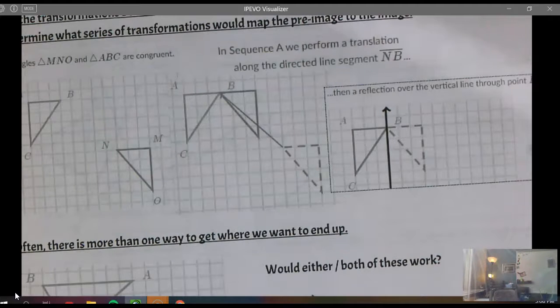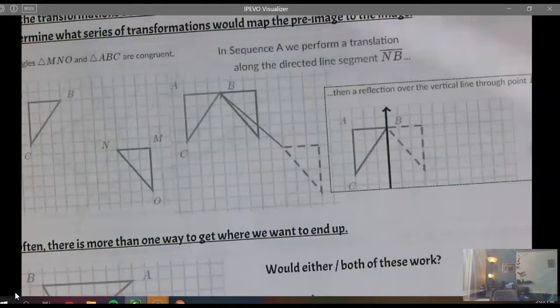So this is an example of we go ahead and do the translation, and then I show you the reflection line, and we flip over. So now, you gotta read these and try these.